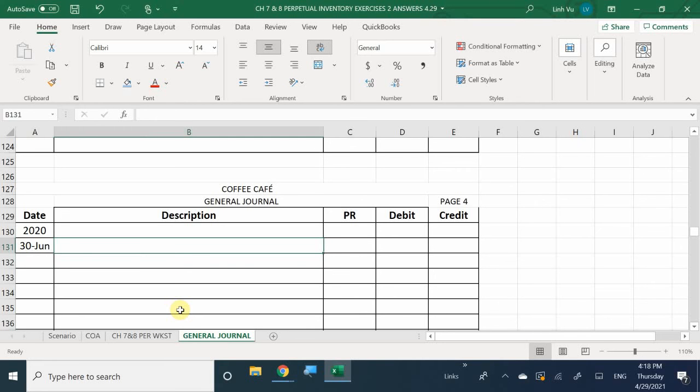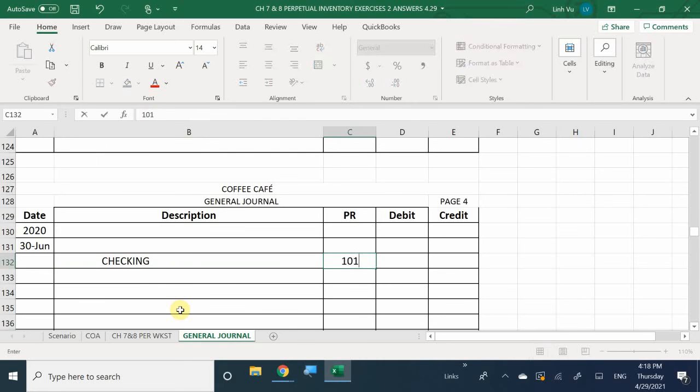Right? Would you normally pay off what you owe? Checking. Okay, good. Checking is going to be one of them. Right? We're going to decrease our checking account because we're paying it off, right? So checking is one of them. Good.